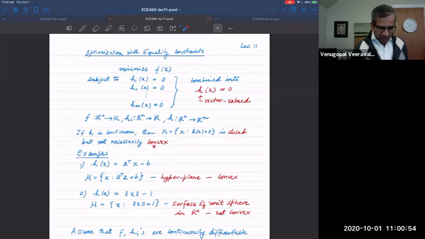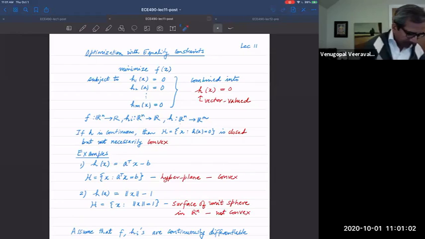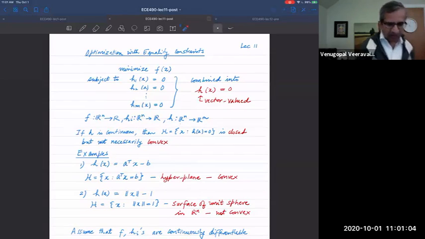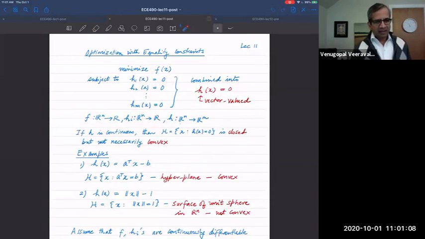It's going to be closed, but not necessarily convex. On the other hand, it is specific to a constraint set that's constructed using equality constraints. So it's less general in that sense than a general set that might be convex and closed.